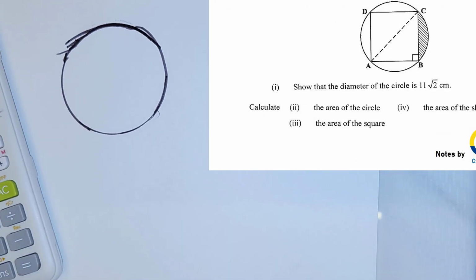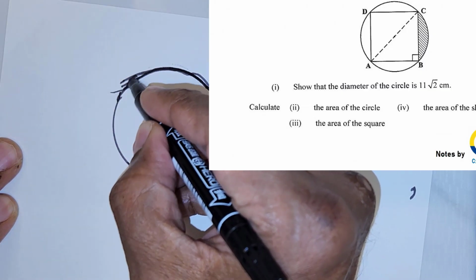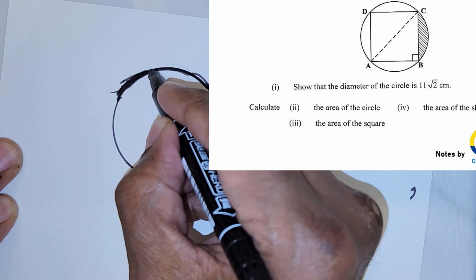Okay, this is an approximate circle, looks fair enough, and probably I need some shading there.